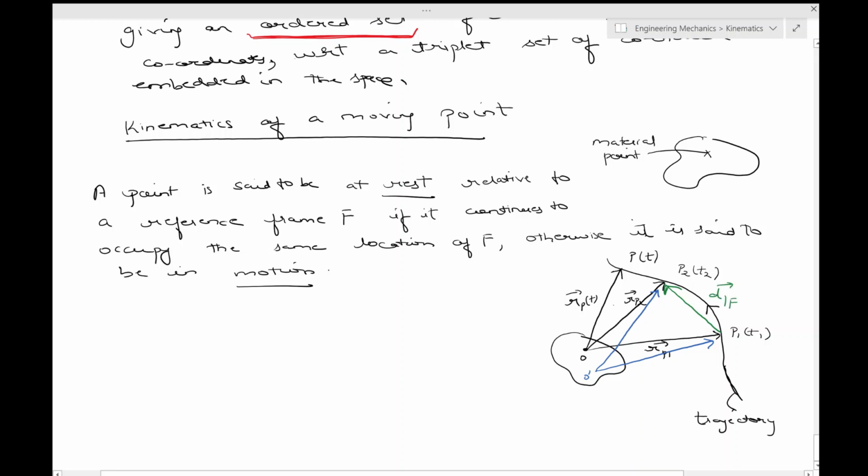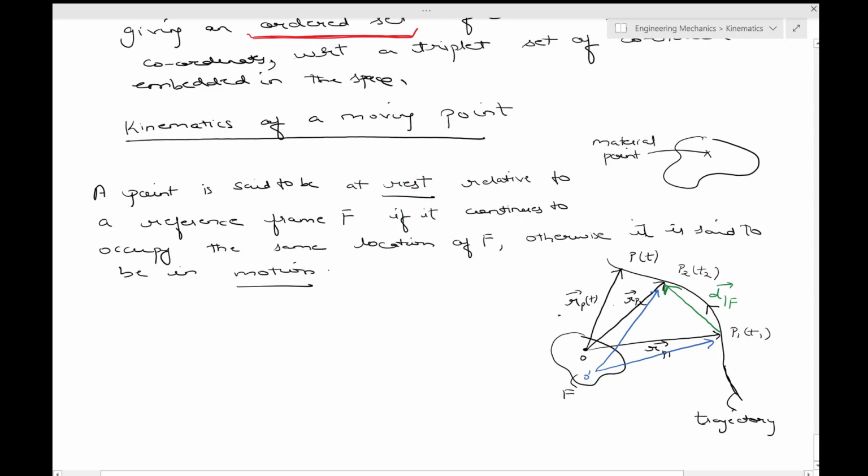I hope the colors are self-explanatory. So you have the position vector of a moving point P in a frame F. This is a frame F over here, and its location is occupied by it at time t relative to a reference location O of F, and is denoted by Rp of t over here.